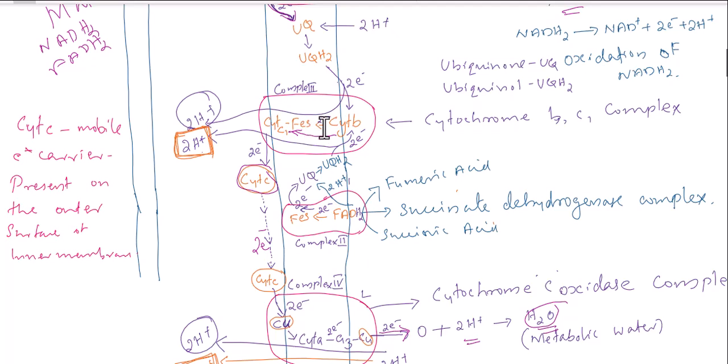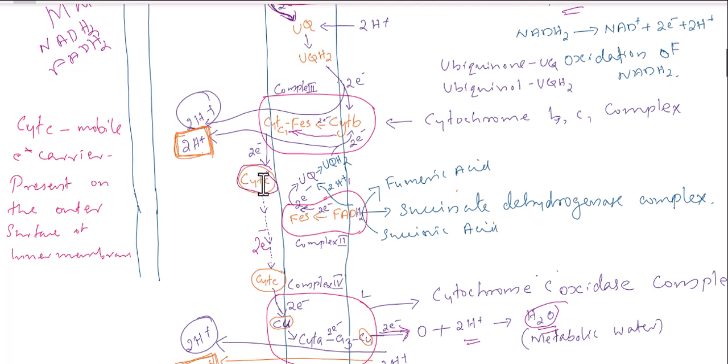The electron is passed here, and along with that the hydrogen ions are pumped to the outside cavity, the perimitochondrial space. Ultimately the electron is given to cytochrome C.